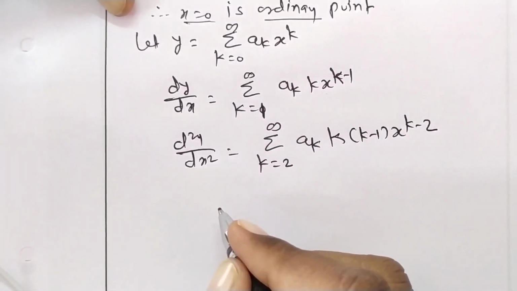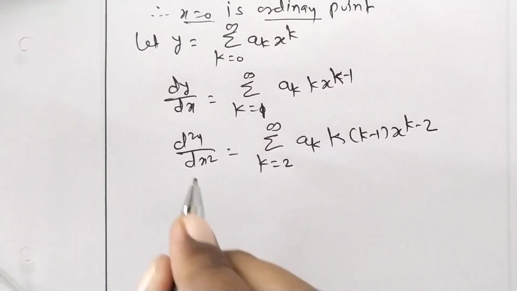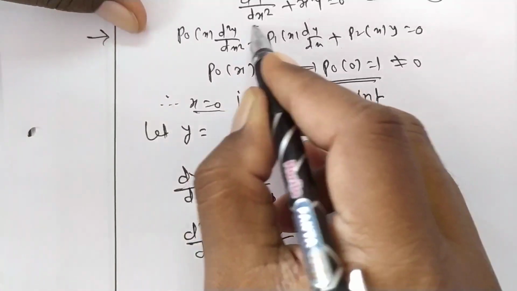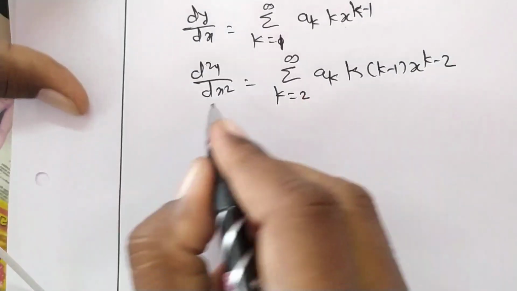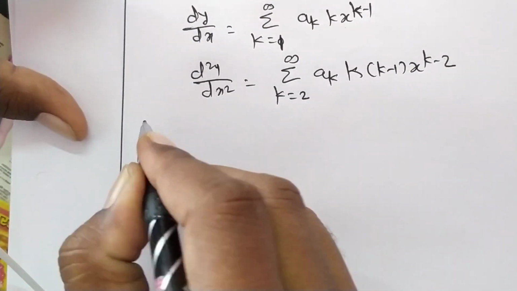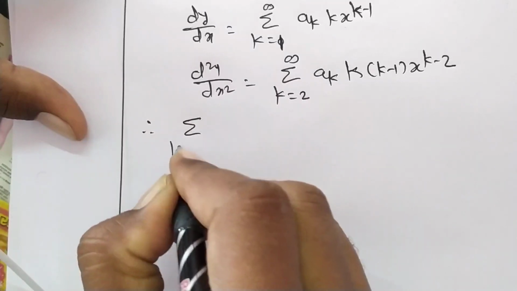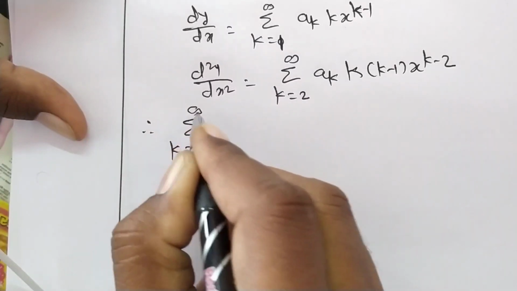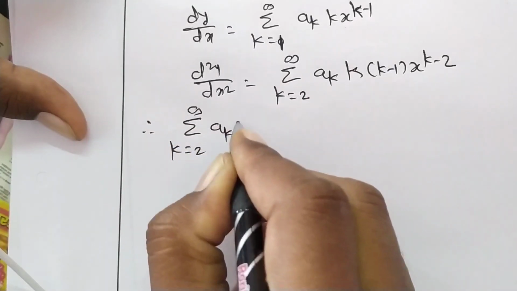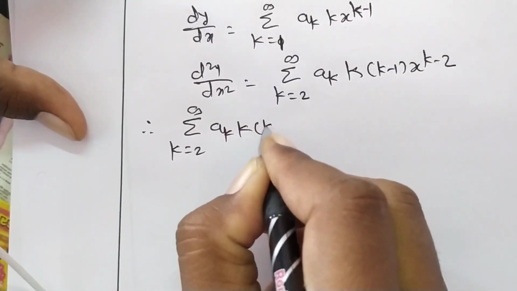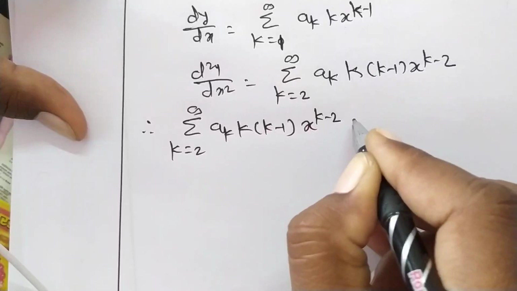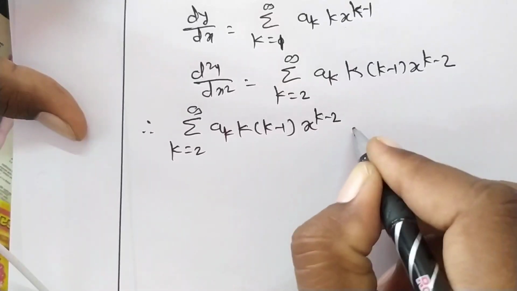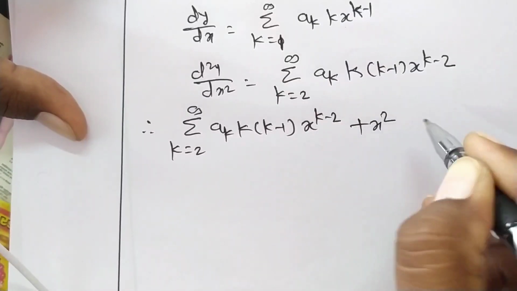Therefore the given differential equation d2y by dx square plus x square y equal to 0 becomes, on putting these values, summation of k varies from 2 to infinity ak k into k minus 1 x to the power k minus 2, which is the value of d2y by dx square, plus x square into y.